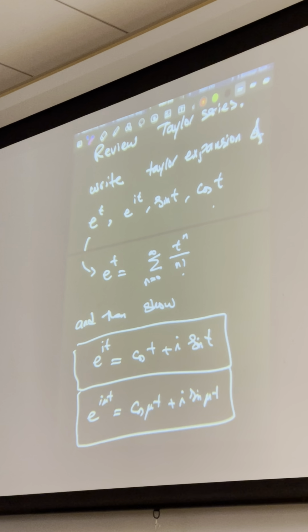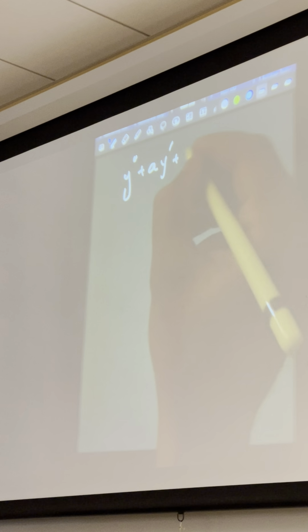Like if you had y double prime plus some a y prime plus b equals 0, then we said y is equal to e to the power of rt, remember?